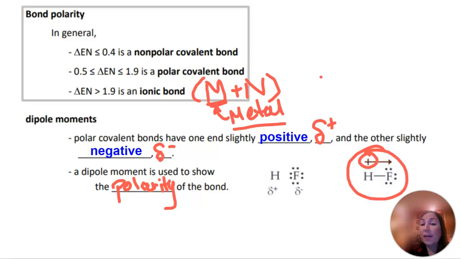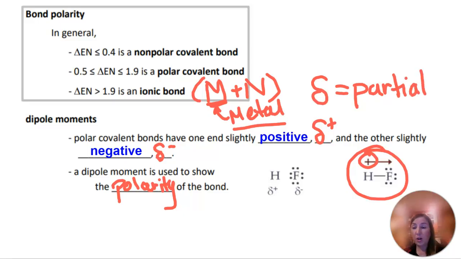The way that you draw that is you're just drawing like a number 8, and then you're stopping short of finishing that 8. It's this Greek lowercase delta that's used to really mean partial or a little bit. So the idea here is it's not a full-on +1 or -1 charge, but it's partially charged.